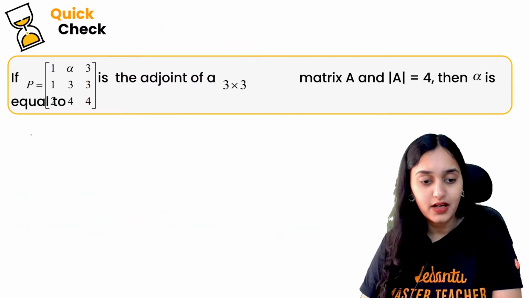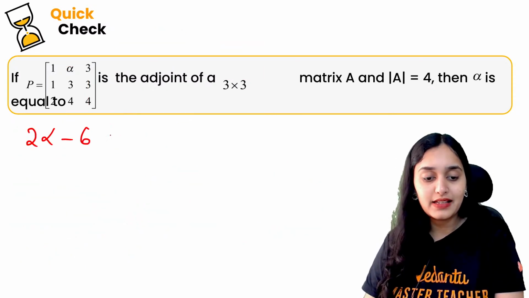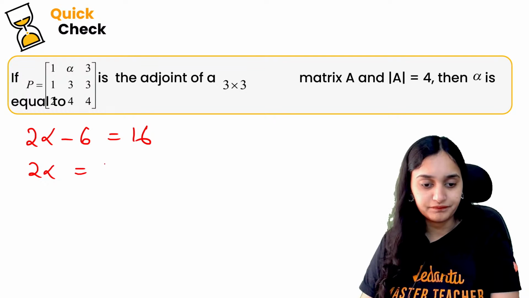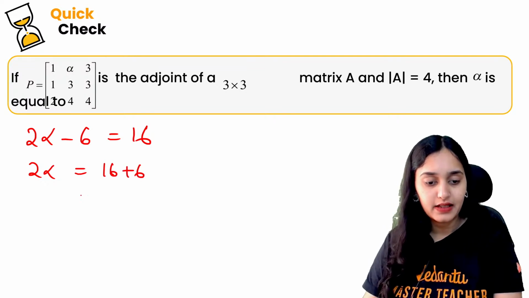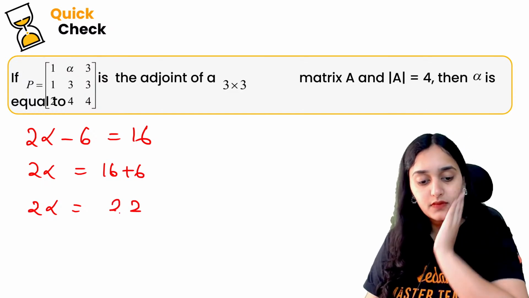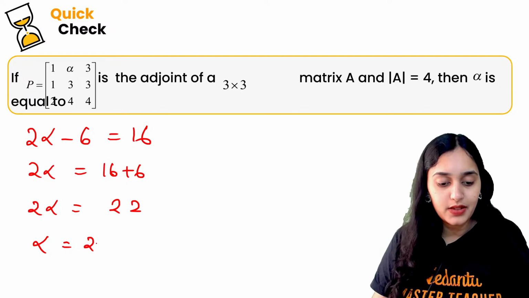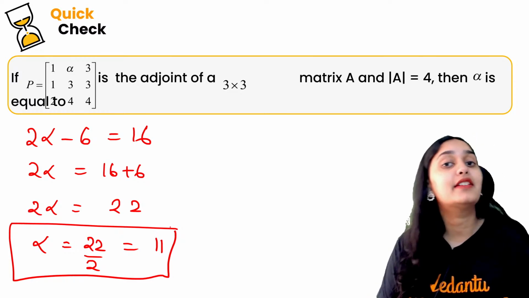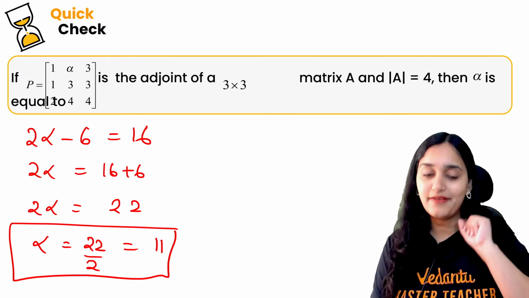So 2 alpha minus 6 is 16. 2 alpha will be 16 plus 6, so 2 alpha is 22. Alpha will be 22 divided by 2, that is 11. This is my answer, the value of alpha is 11.